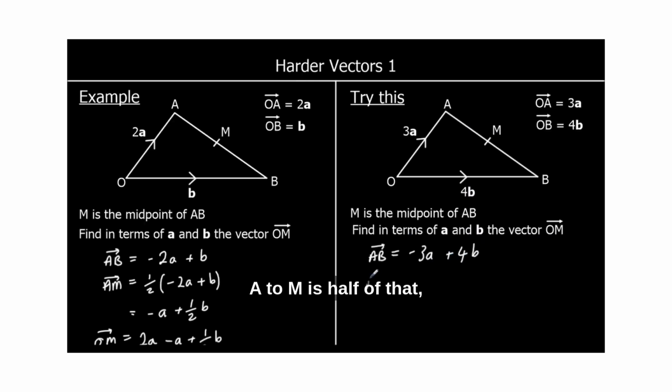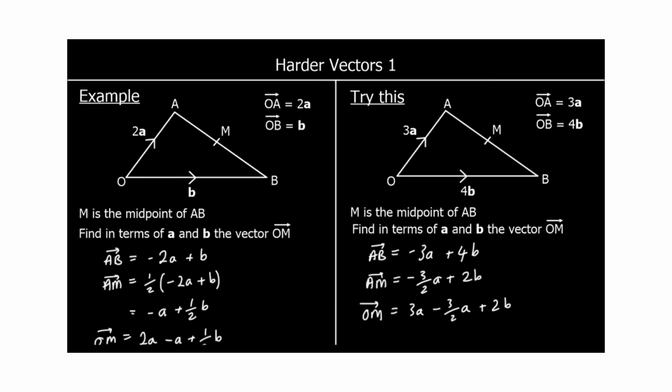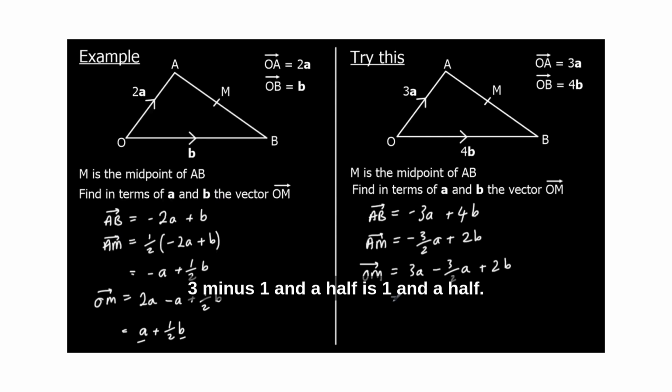A to M is half of that, so minus 3 over 2 a plus 2b, and O to M is 3a and then A to M, so 3a minus 3 over 2 a plus 2b. 3 minus 1.5 is 1.5. So we've got 3 over 2 a plus 2b.